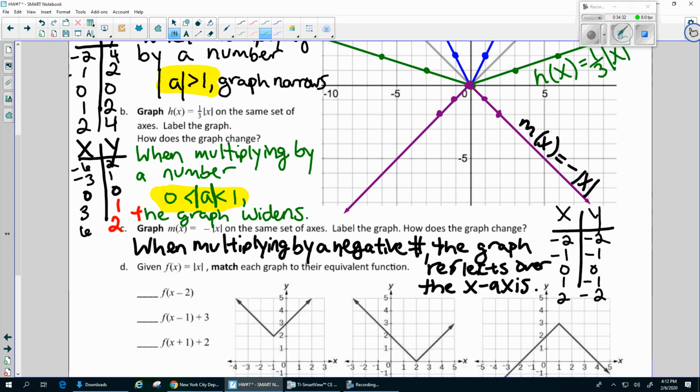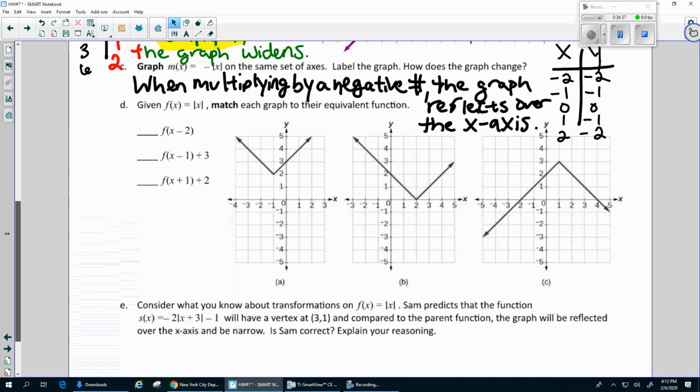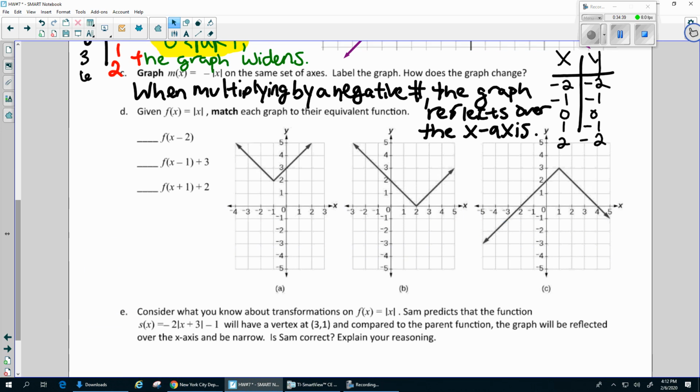Okay? Let's look at part D. Given that we know f of x is equal to the absolute value of x, let's match their graph to their equivalent function. So my first graph has a vertex at -1, 2.